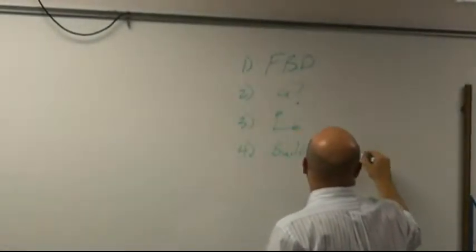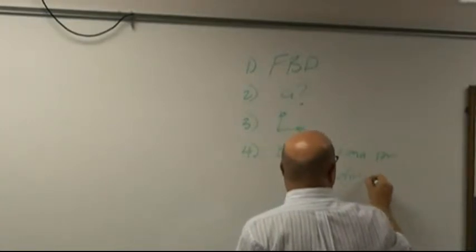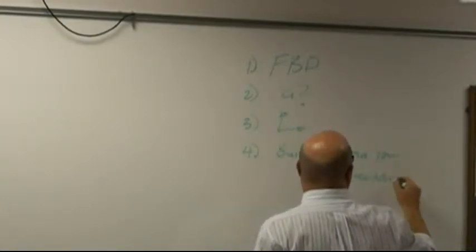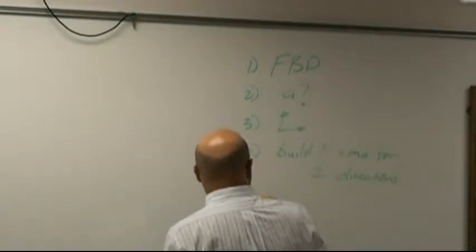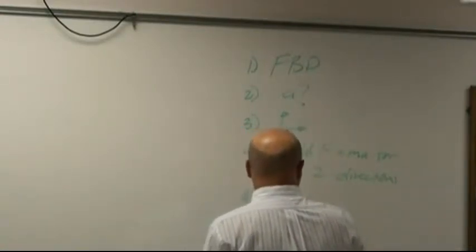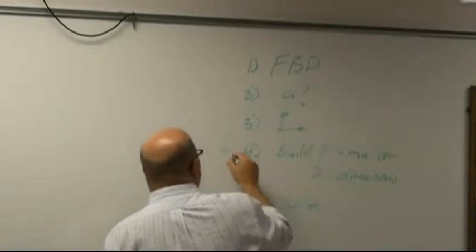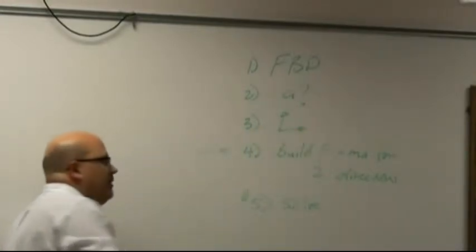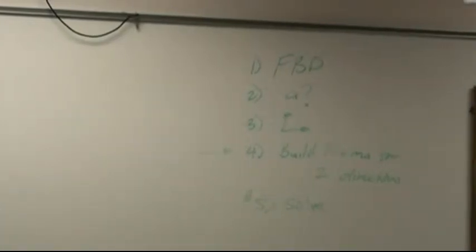Build F equals ma for two directions. And then, only then, do you solve. All I'm asking you to do is get all the way to step number 4. Just build your F equals MAs for your two directions that you pick.